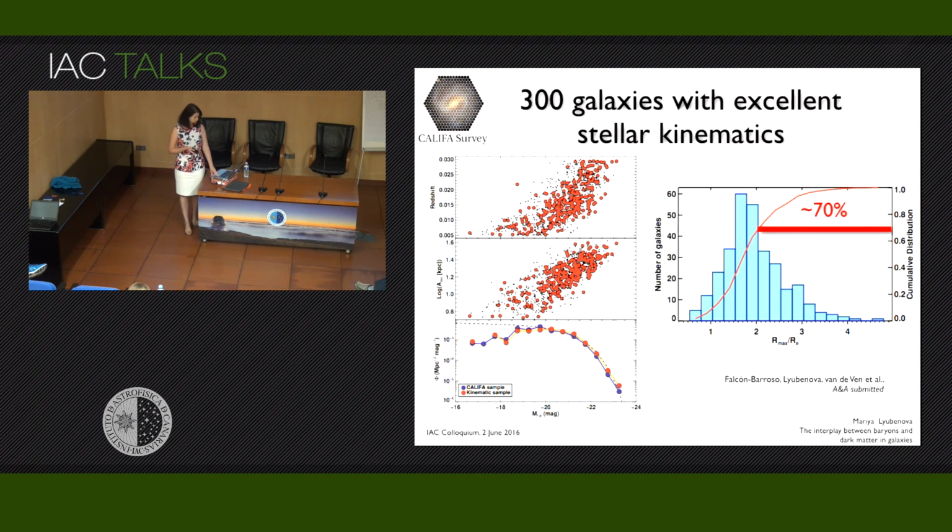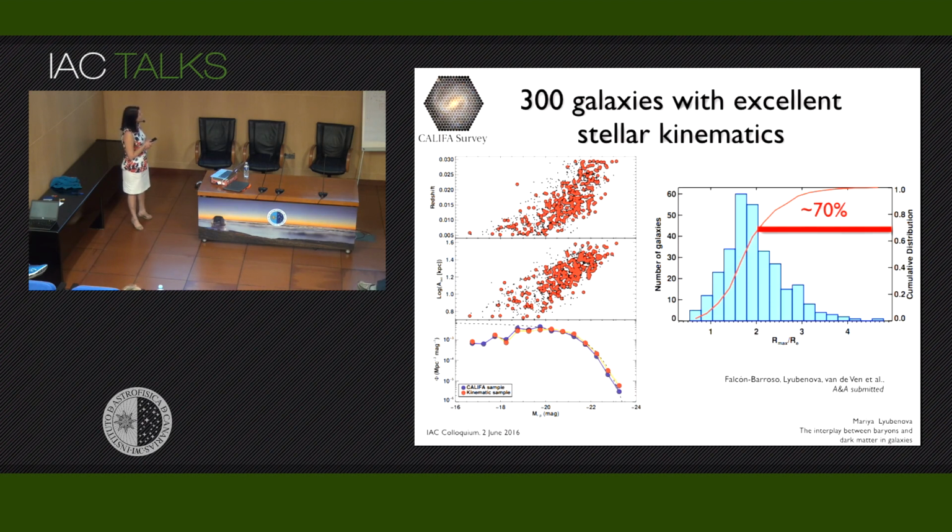With that, I'm moving to how I've been using CALIFA in the last few years, and this is work that I have been doing in collaboration with Jesus and Glenn. From the original samples that were observed, we have selected 300 galaxies with excellent stellar kinematics. This is the distribution of this additional selection of galaxies.